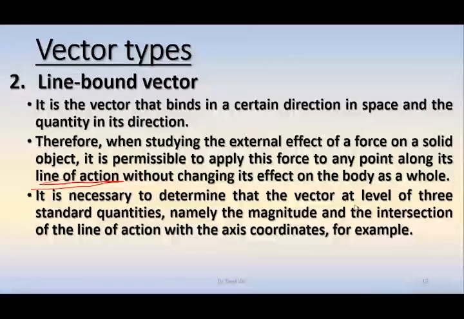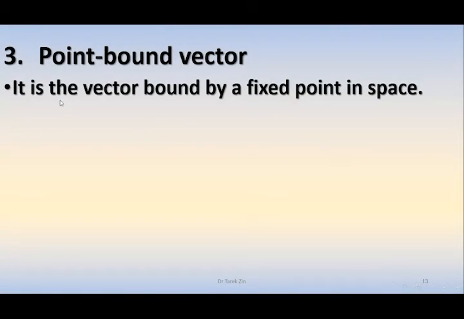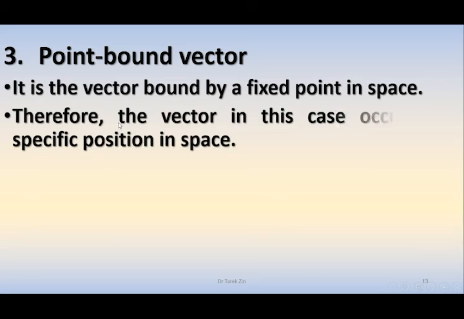So the vectors at the level of three standard quantities, namely magnitude, direction and line of action along the coordinate axis. For example, let's look at this next. The first one was line bounded; here it is point bounded, bounded by a point, and it is a fixed point in space.